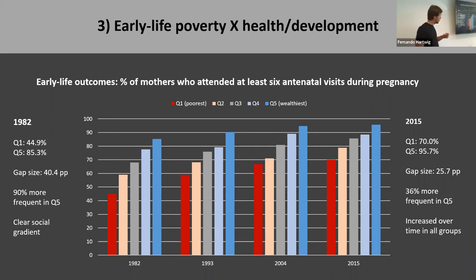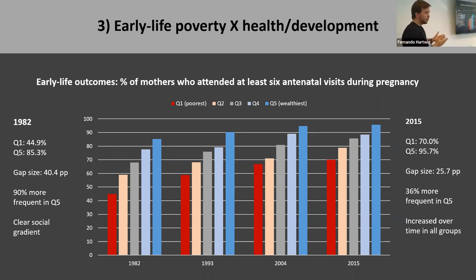The red bars here correspond to the poorest subset of the population, and the blue bars correspond to the wealthiest subset of the population. And the bars in between, I guess you can guess what they mean, right? Just going from poorest to wealthiest, from left to right, for each one of the cohorts.